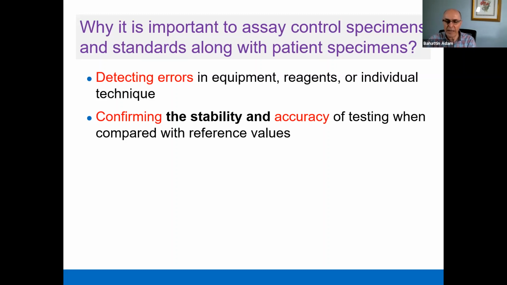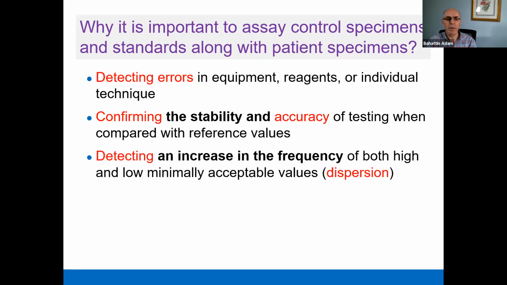To confirm the stability of your test, you have to compare the patient results with the control and standards daily, or maybe twice a day, with the reference values.